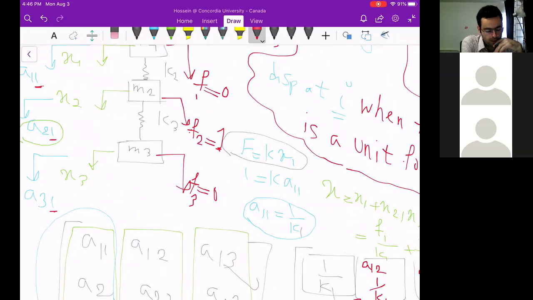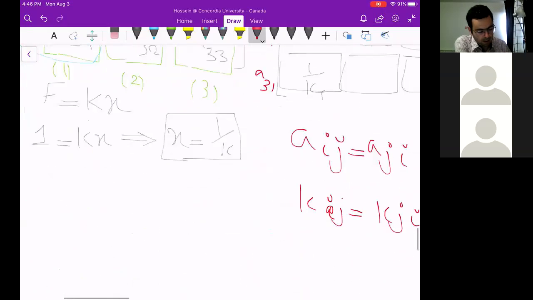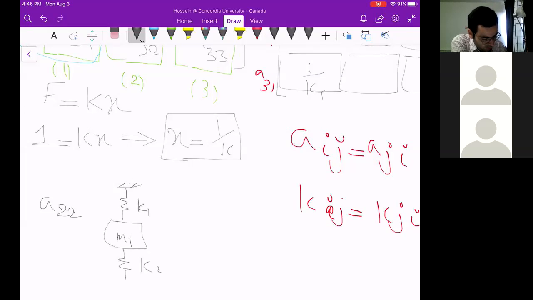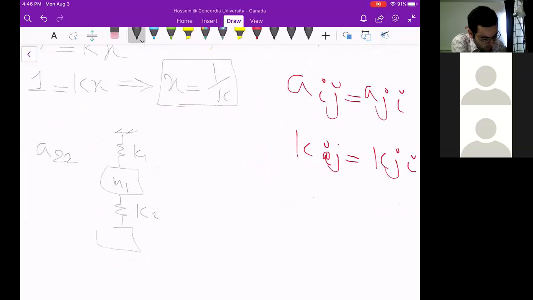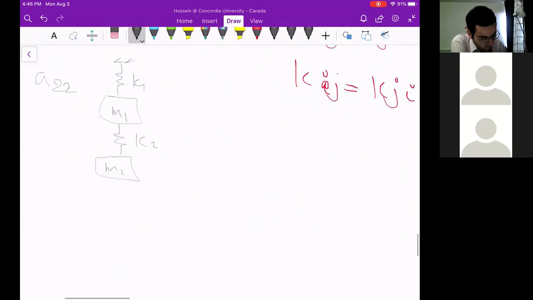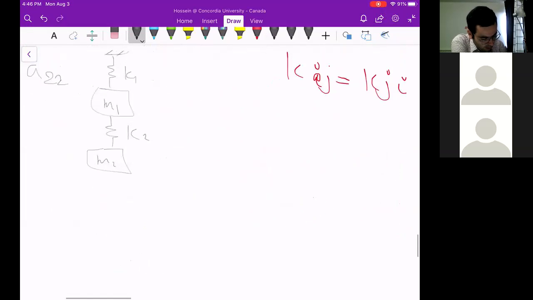Principally, we are going to calculate A22, the displacement at mass 2. So if I draw it here, simply K1, mass M1, K2, M2, and K3, M3.